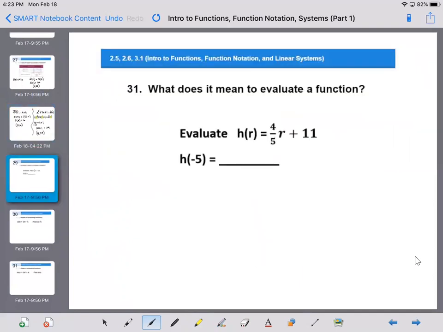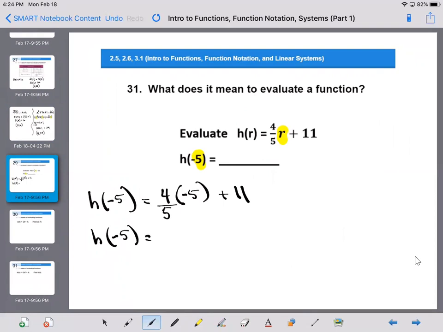So these last three are just examples of how you would evaluate. So h of r, I want to know h of negative 5. So wherever I see r in the formula, I'm going to substitute negative 5. And then I just need to compute it. So this would be negative 25ths plus 11.